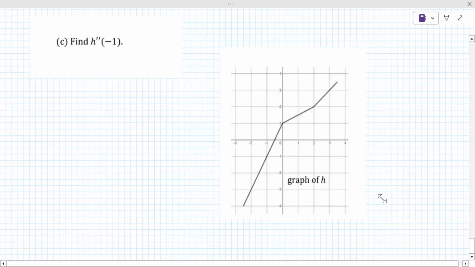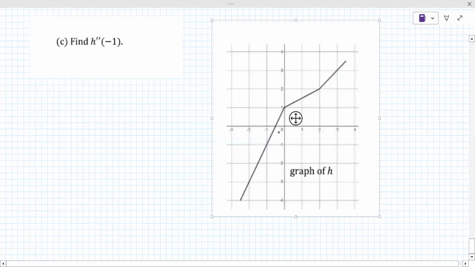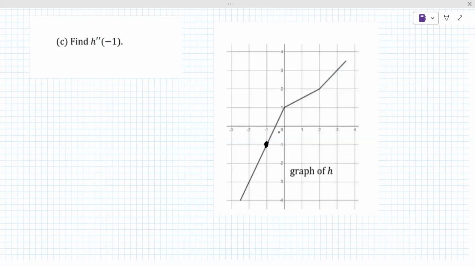At -1, what's the slope of that line? It goes up 2 over 1. Yes, the slope is 2, but they're asking about h double prime.